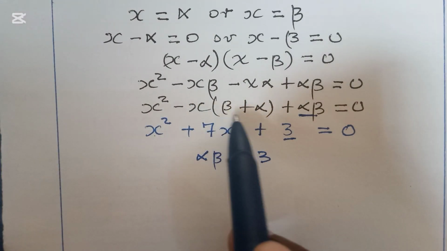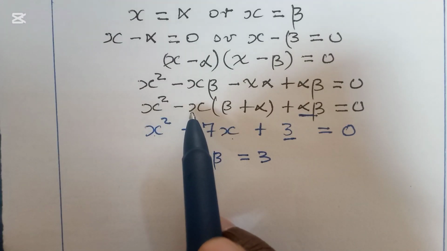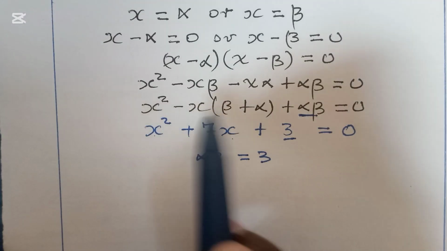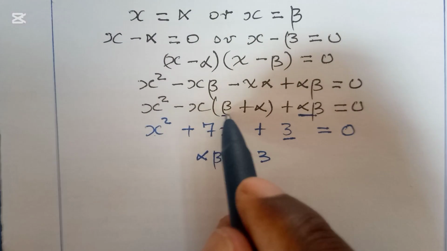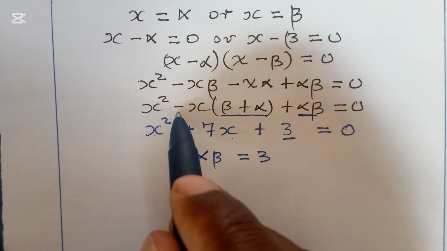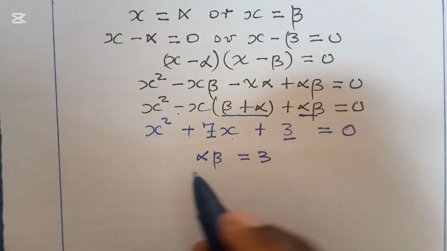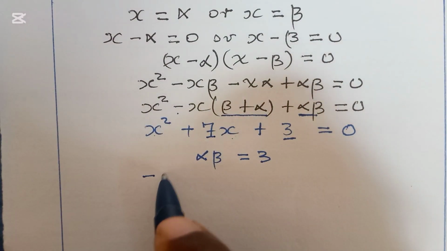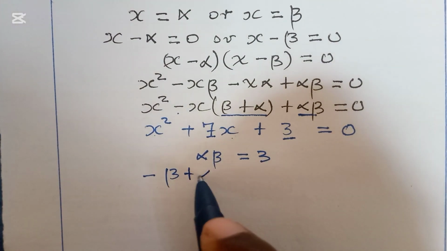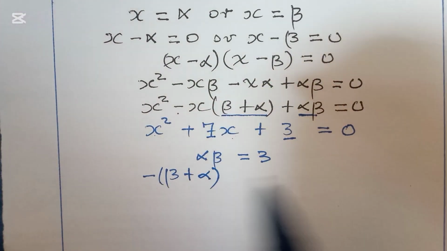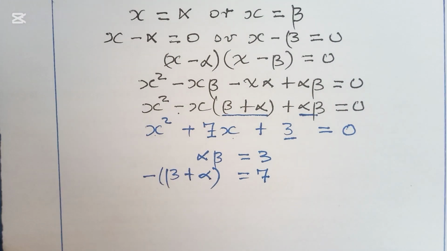If we put beta plus alpha before x, then minus should be the same as 7. So we write minus beta plus alpha. This one should give us 7, like that.